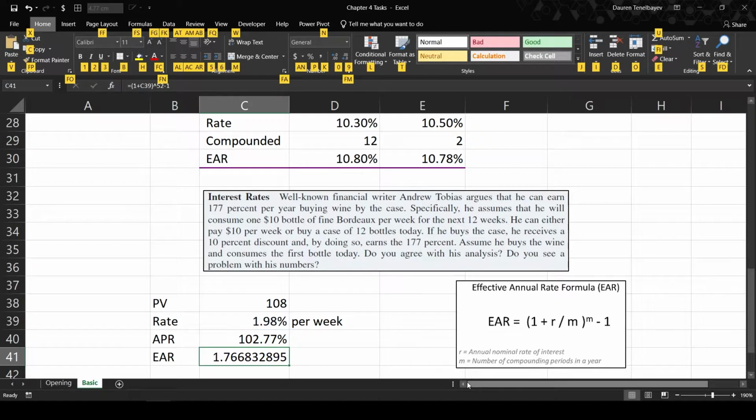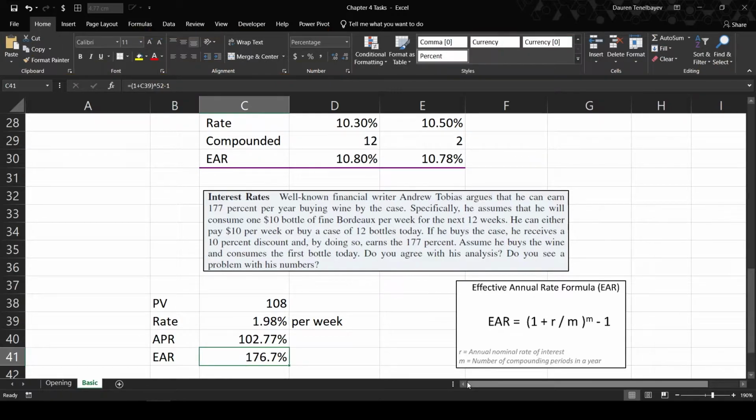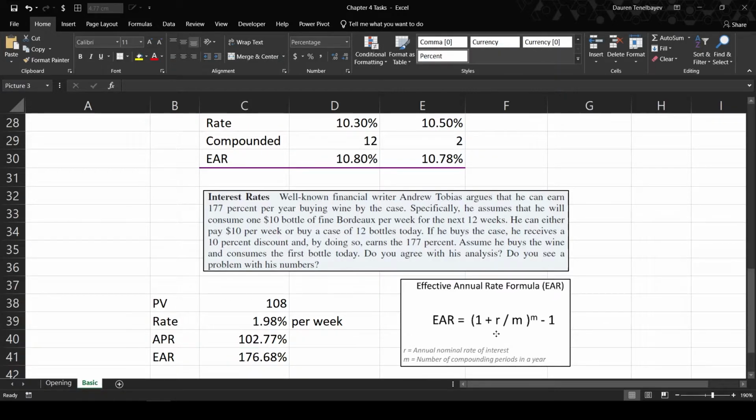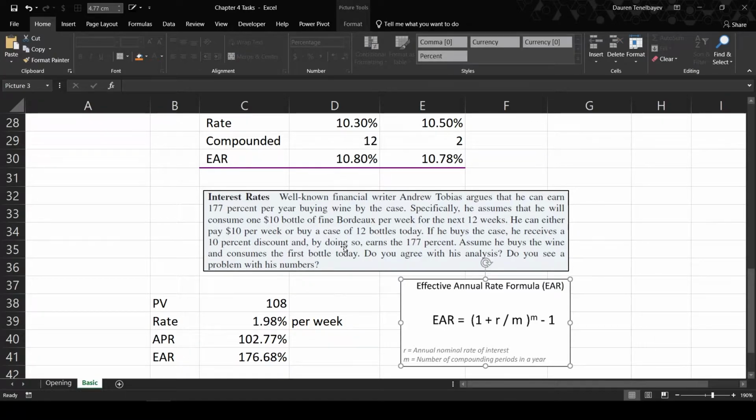If we convert this into a percentage value, the author was correct in his calculations. So basically, if we round it, it will be 177%. So that's all for the basic part.